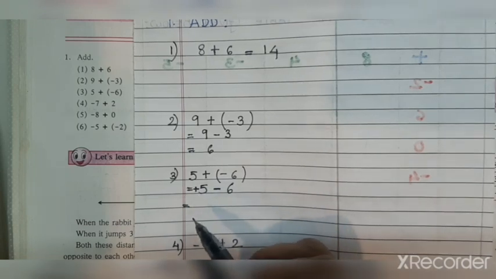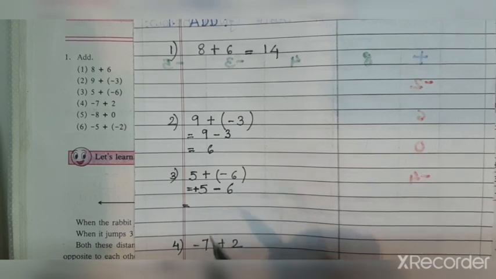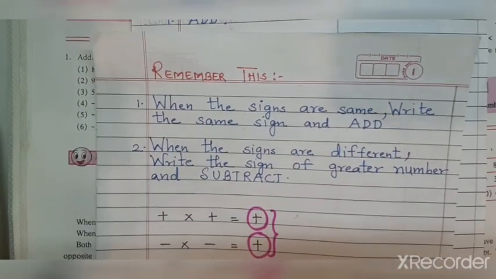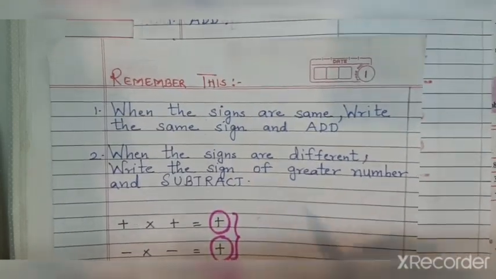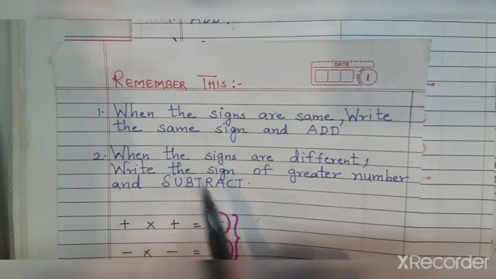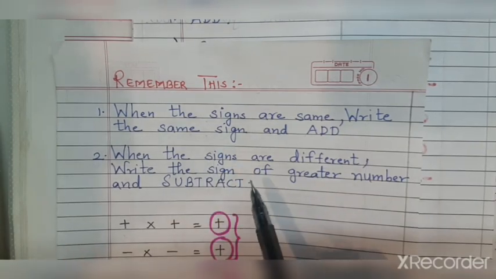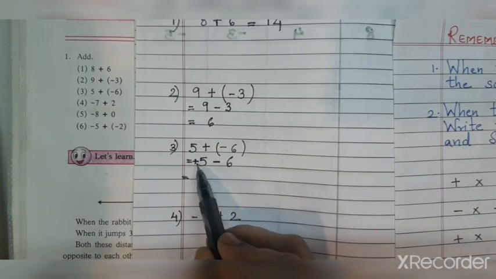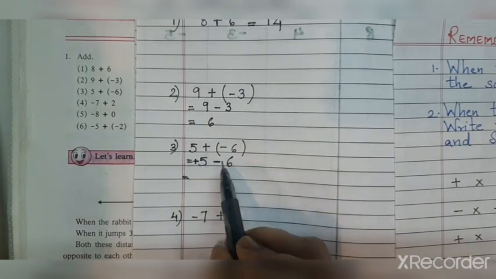Okay. So here we have to remember the statement when the signs are different. I will show you again. Initially I will show you this page, but every time I will not show you this page. You need to study this by heart. So here if you see, 5 minus 6.